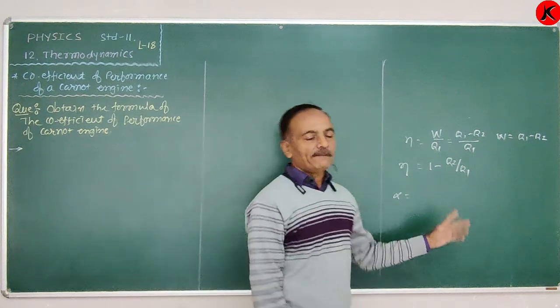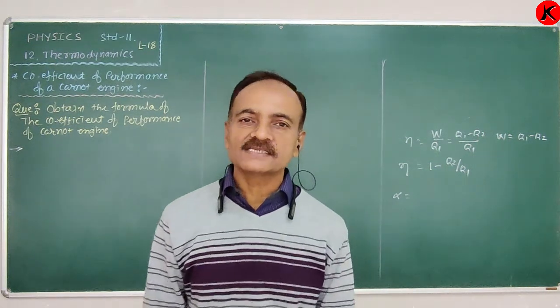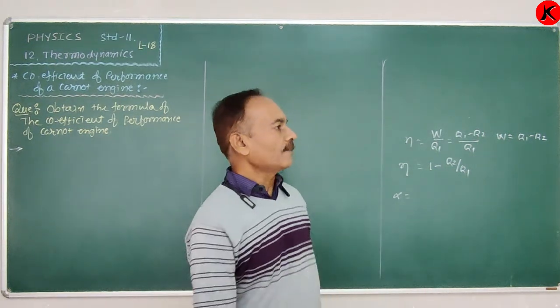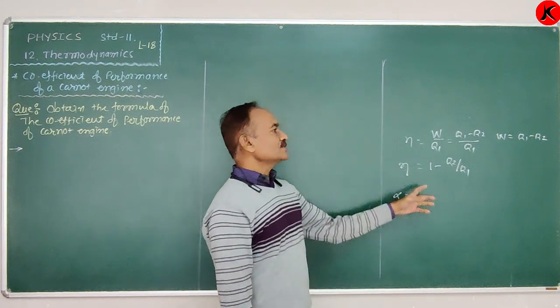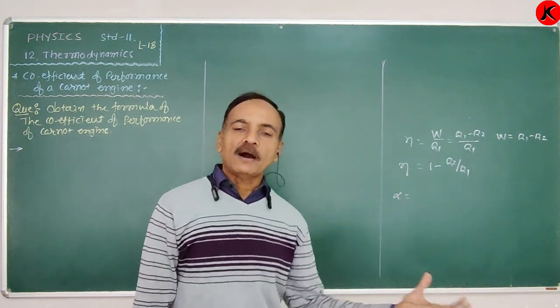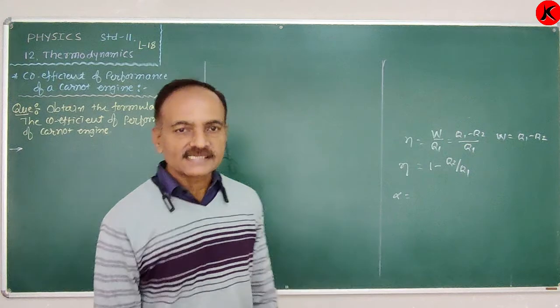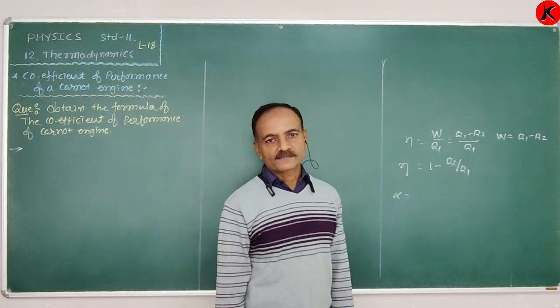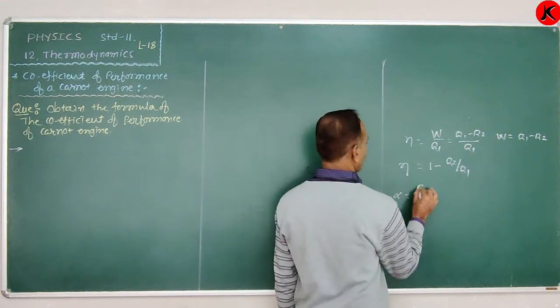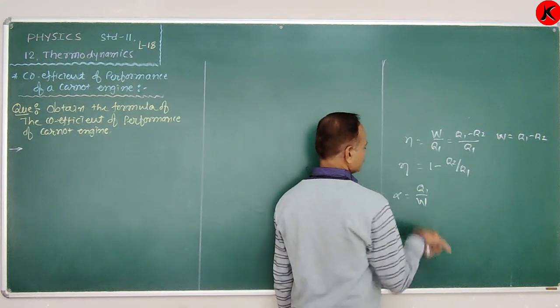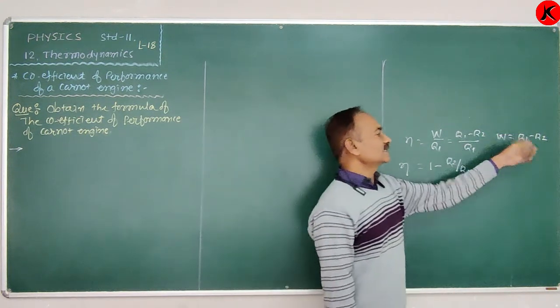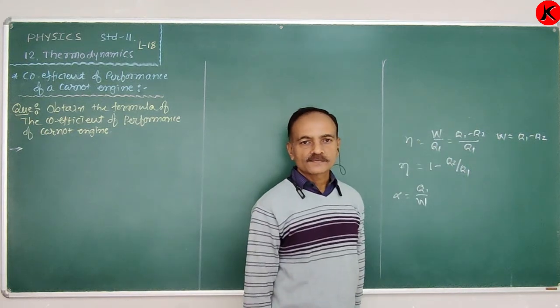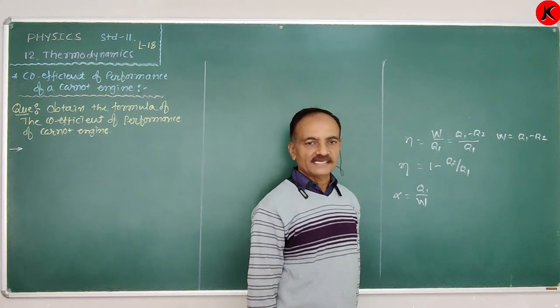Therefore, the definition of coefficient of performance is the ratio of the heat released to the work done on the system, that means Q1 upon W. Here also W is equal to Q1 minus Q2.